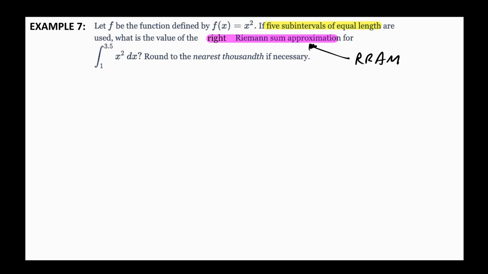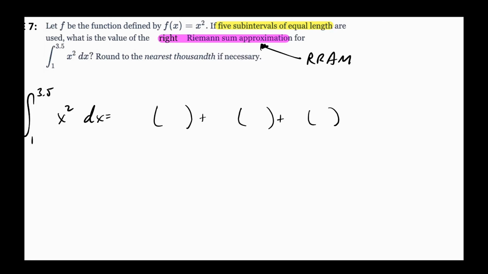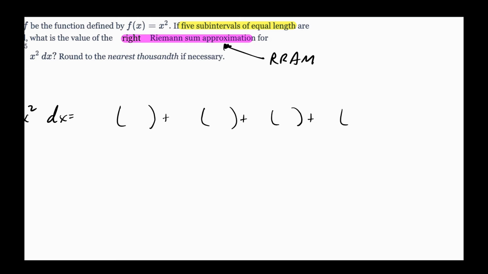Okay, so what's the first thing we got to do? So this is what I got to do: the integral from 1 to 3.5 of x squared dx. So I need 5 rectangles. 1, 2, 3, 4, 5.